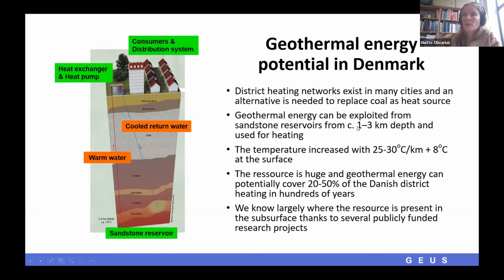And the upper limit of 1 kilometer is because at shallower depth it's not hot enough to supply sufficient heat for a district heating network. And below about 3 kilometers, the sandstones become too tight. There is too little pore space between the sand grains, so you cannot flow enough warm water through the rock.